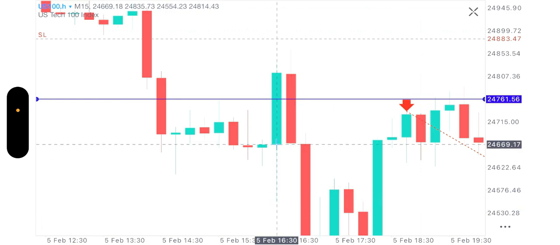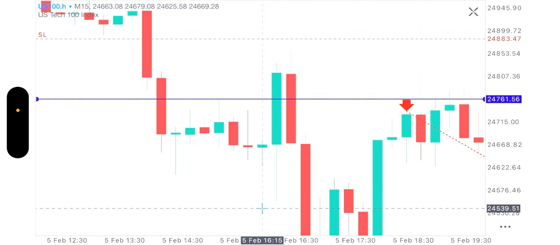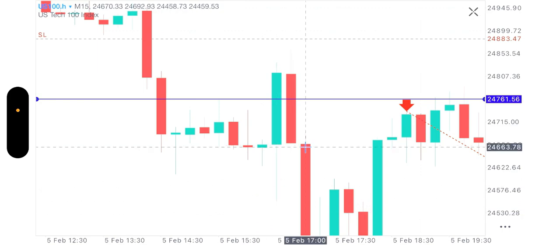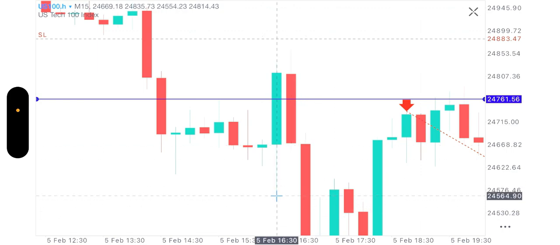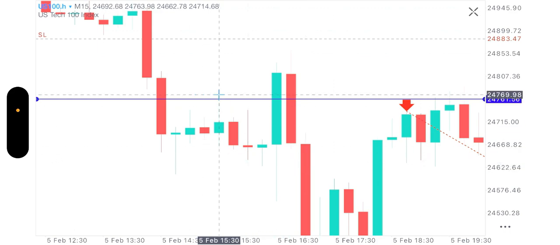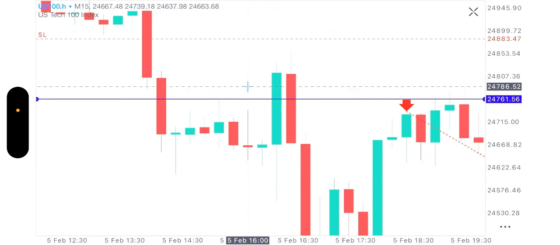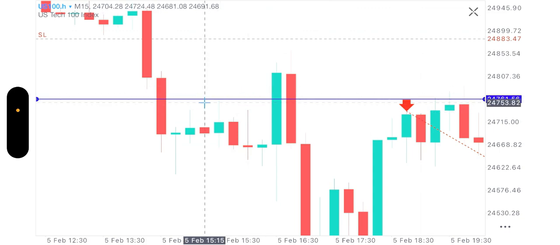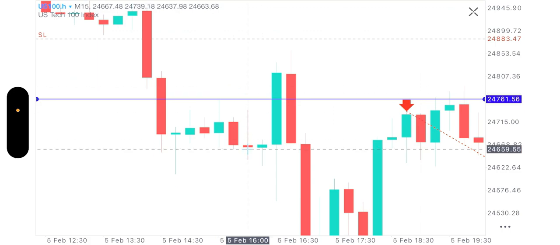So there is a change in structure, or break of structure, or market structure shift that validates our change in the state of delivery. So basically, what we first look out for is price taking out the previous liquidity, previous high or previous low, price sweeping buy stops or sell stops.